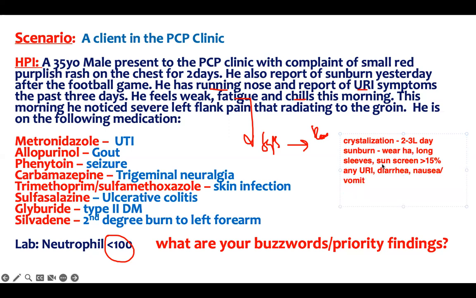Also, because sulfa drugs usually lower your folic acid, you need to take folic acid, at least 1 milligram a day to help replace that. And you teach them about Stevens-Johnson syndrome. If they see a small rash on their chest, call me as soon as possible before it develops into sepsis.